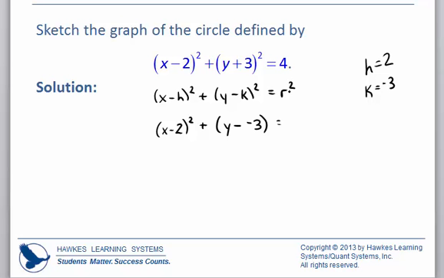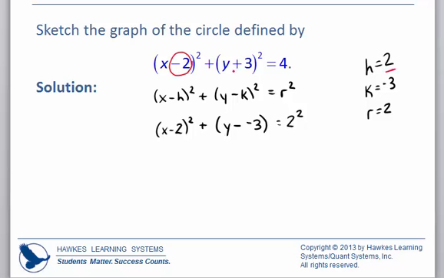And then the r squared, how can we write 4 as a number that's squared? We could write it as 2 squared, and so our r value would be 2. Another way to look at this, especially with the center point, is to take the opposite of the number that you see. So if in the x parenthesis you see a minus 2, then we should put a plus 2 over here.